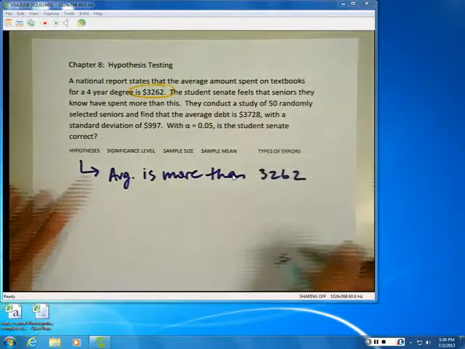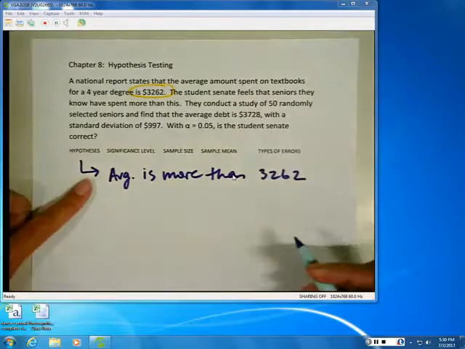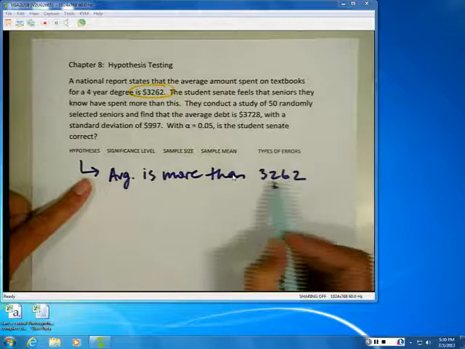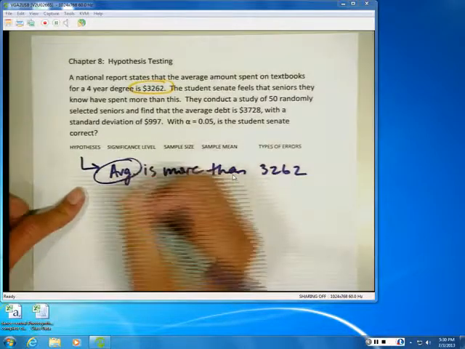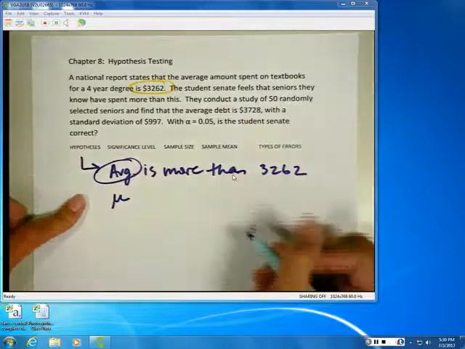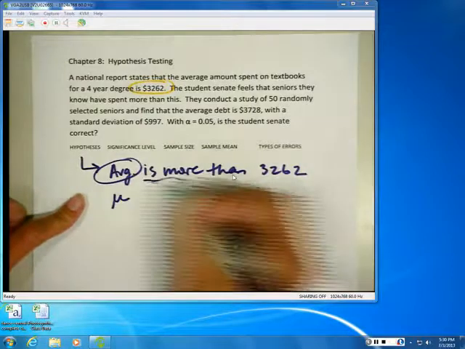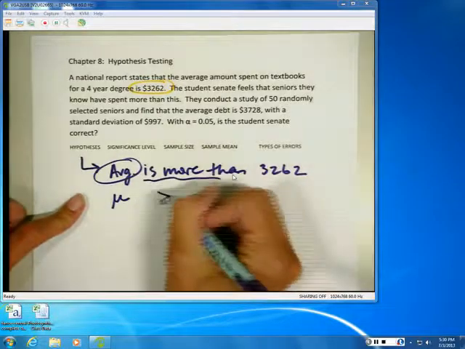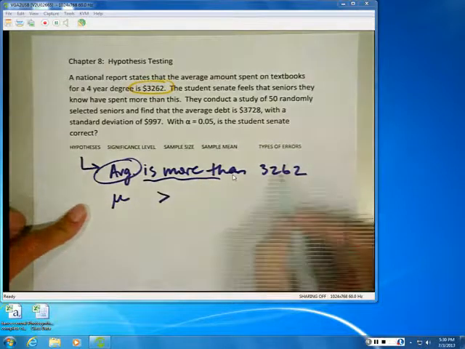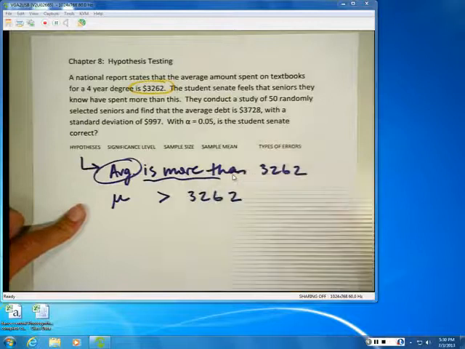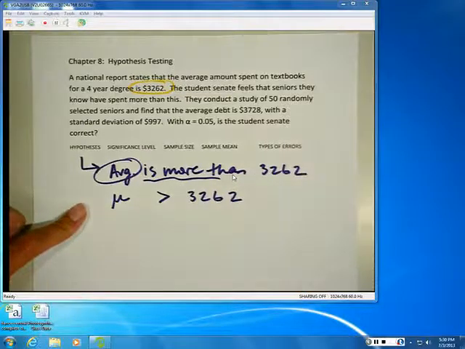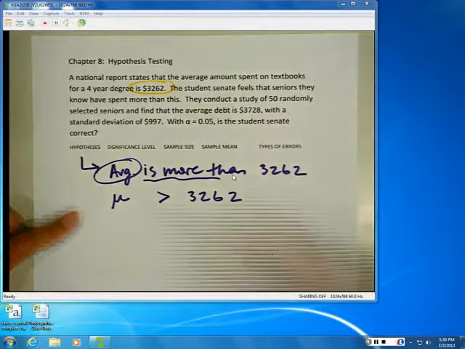So they're hypothesizing that the average is more than $3,262. Well, we can write this mathematically. The average is represented by mu, is more than, that's one of our inequality symbols, greater than 3262. What we've created here is called the alternative hypothesis.